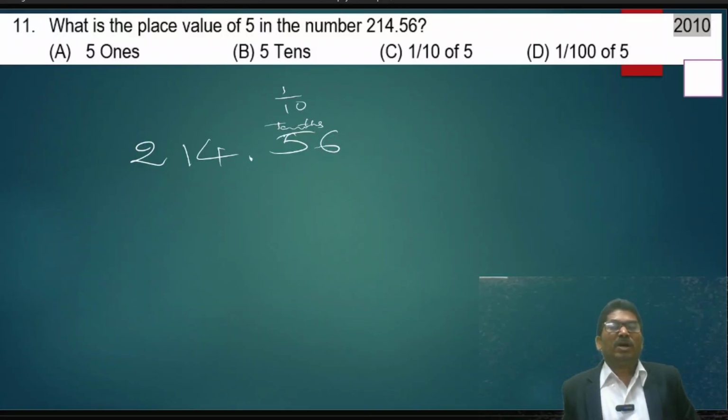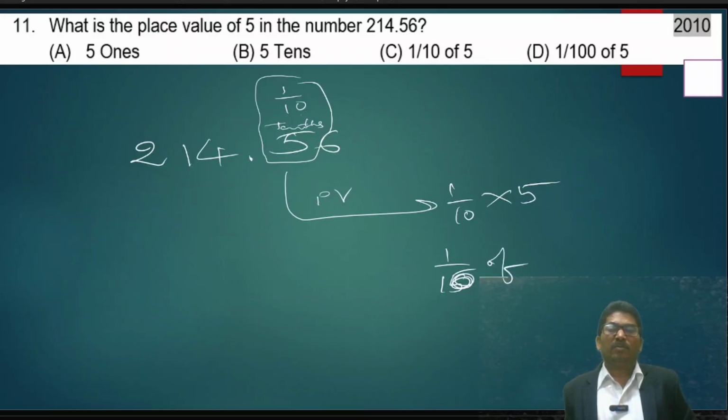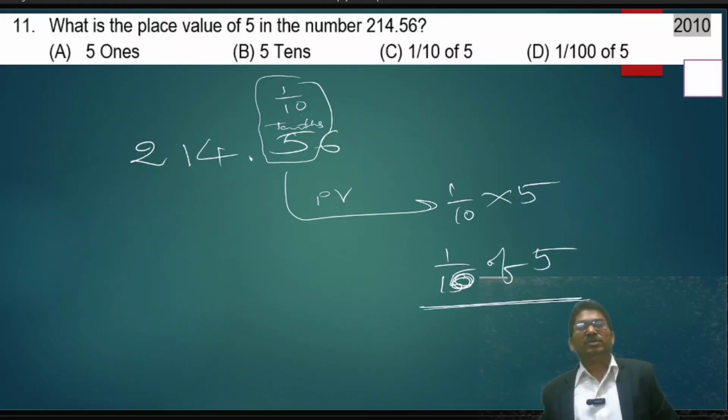So the place value of this 5 is 1 by 10 of 5. So this is the correct answer. So C is the correct option.